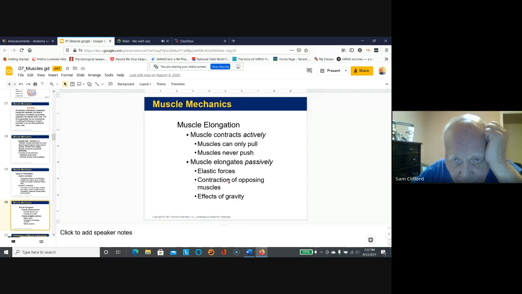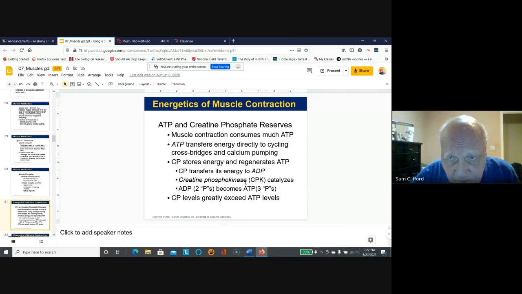Okay, muscles can only pull, they don't push. Muscles elongate passively. They contract by ATP, which causes the myosin heads to pull the actin into the center of the sarcomere. So we said that ATP and creatine phosphate.